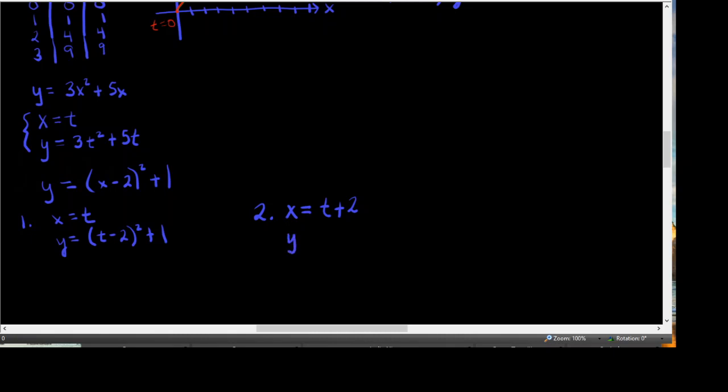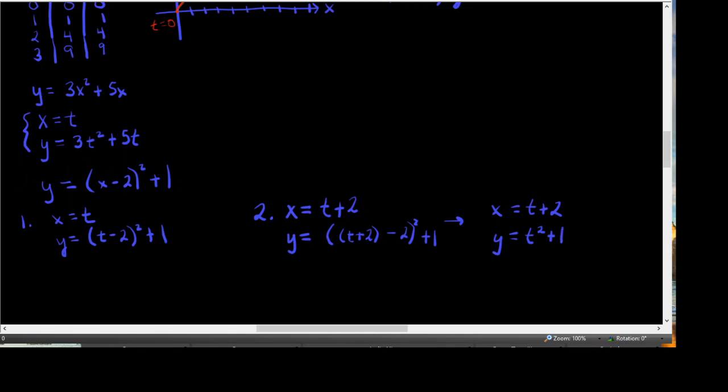So y will be (t plus 2, replacing the x) minus 2, squared, plus 1, which simplifies: x is t plus 2, and y is going to simplify to be t plus 2 minus 2, which is t plus 0, so y equals t squared plus 1.